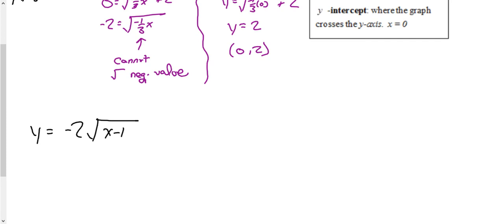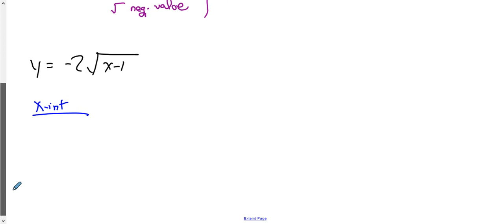No answer there. So to find my x-intercept, I'm going to sub in 0 for y, so I'm going to start off with the x-intercept. I have 0 equals minus 2 square root x minus 1. To move off this negative 2 to the other side, I divide everything by negative 2. That doesn't affect anything.